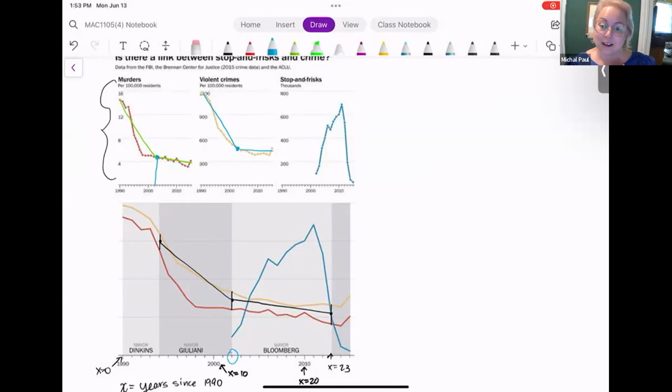That doesn't mean that what Bloomberg said was wrong, because in one of the articles that I tagged there, Bloomberg claimed, hey, this is working. We need this. This is reducing violent crime and reducing murders. I don't think that there's evidence of that.